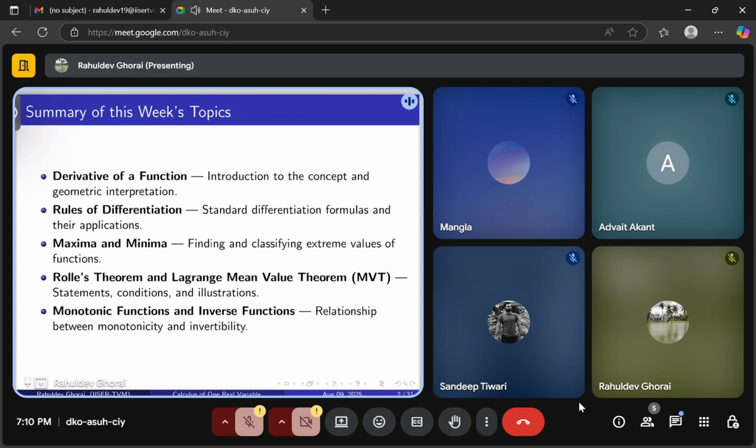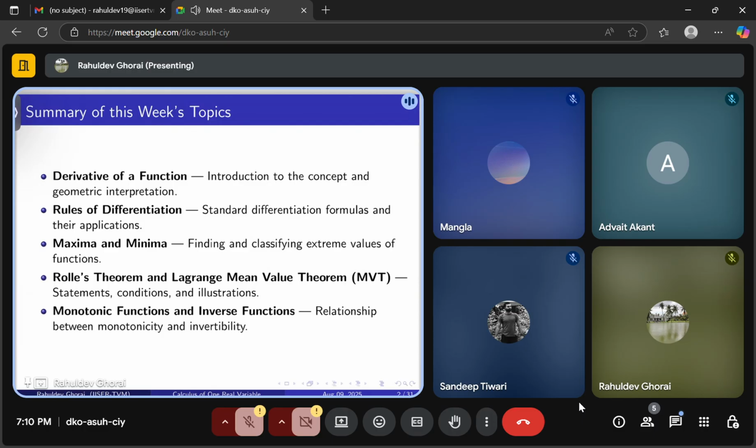So, derivative of a function, introduction there, like he described algebraic rules of differentiation and how the derivative comes through the limiting process, right?